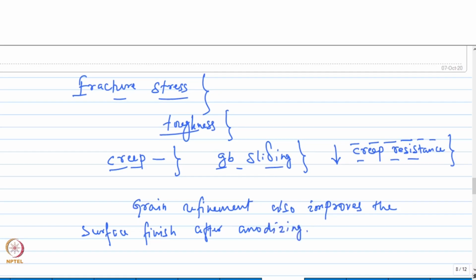So these are some of the other effects of grain refinement apart from the strengthening.